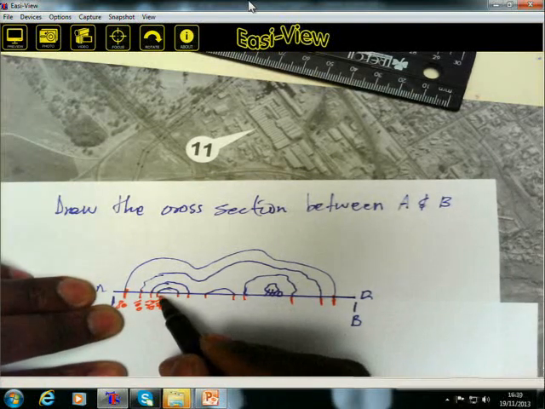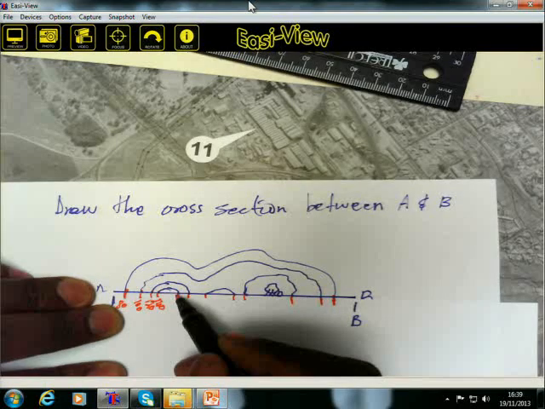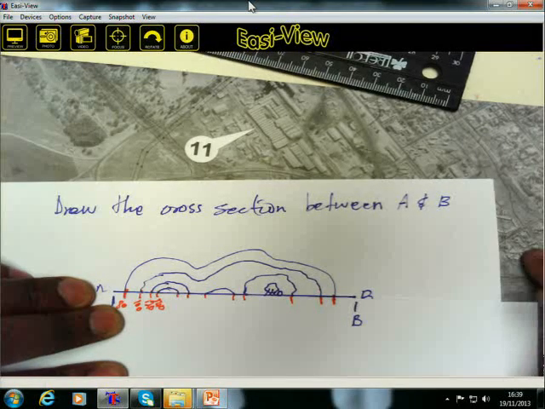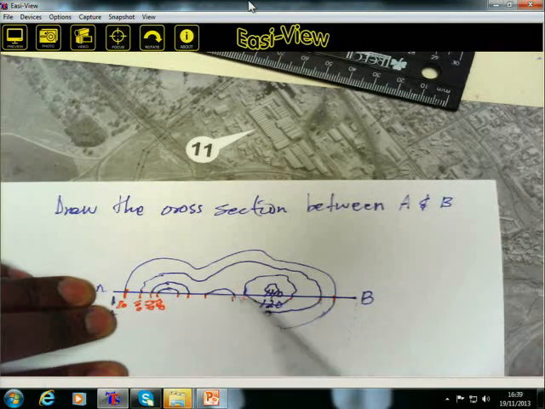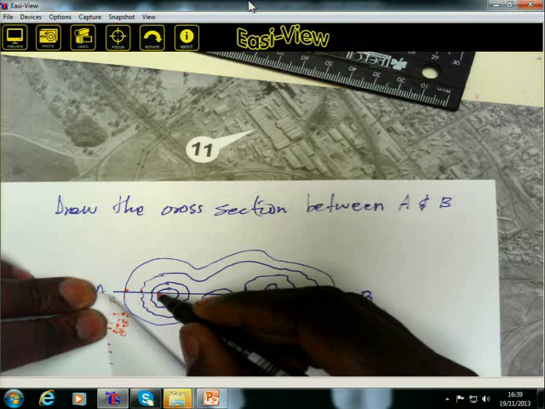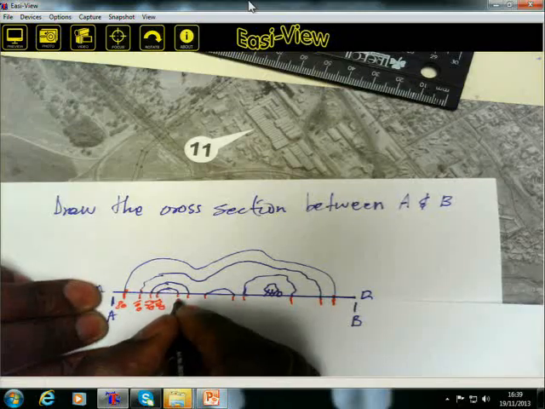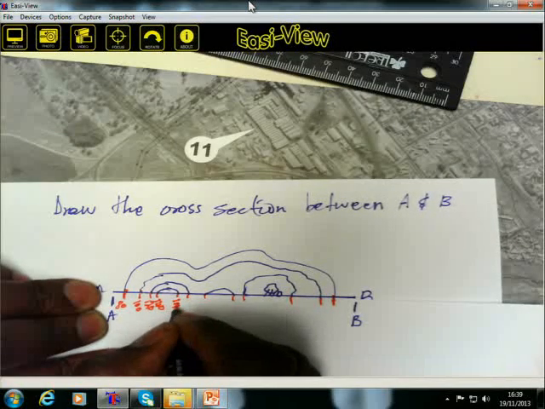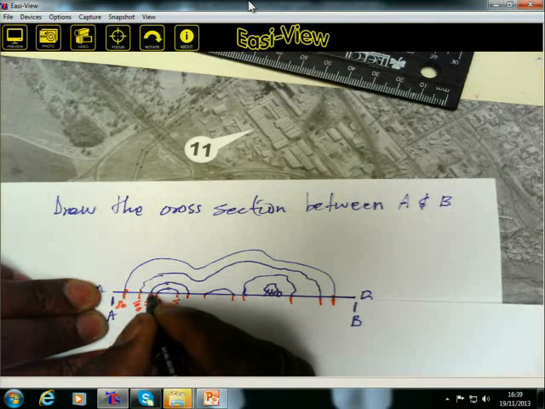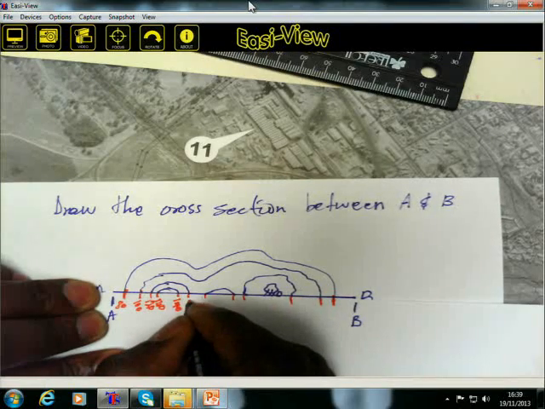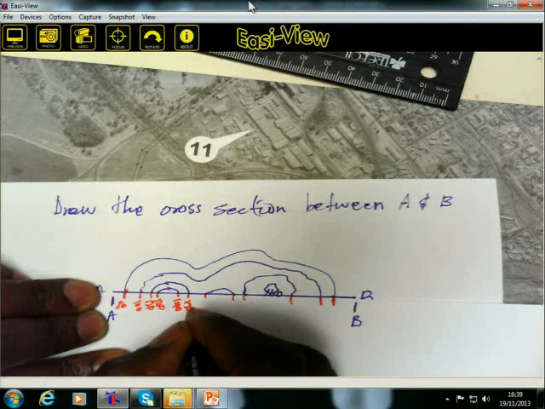But be careful. This 140 line is repeating itself this side. Even if you look underneath here, it's the same line from here up to here. So it will be 140, and again this side you get 140. This one is a line of 120, then you've got 120.